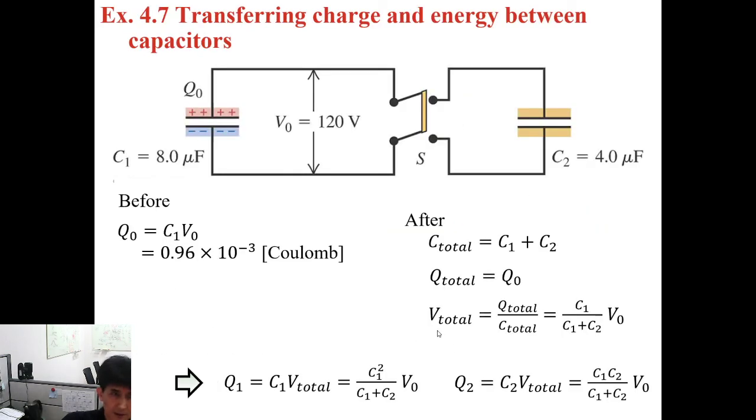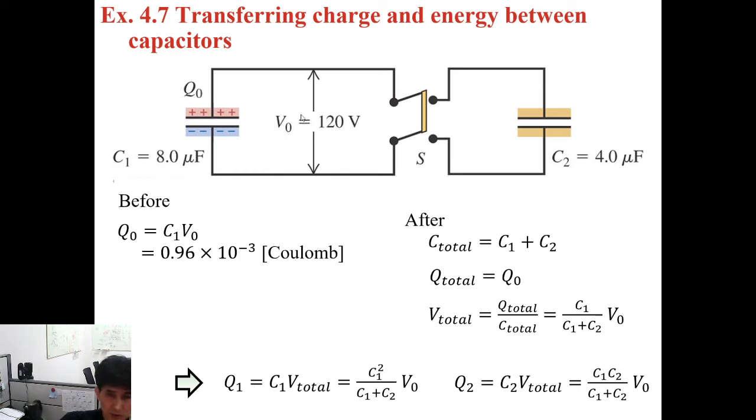That's another example, an exercise example. V0 is 112 volts, C1 is 8, C2 is 4, so it is 8 divided by 12, so that's 2 over 3 V0, that's 8 over 12 times 120, so it's 80 volt.